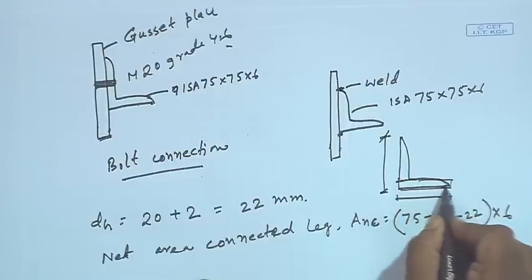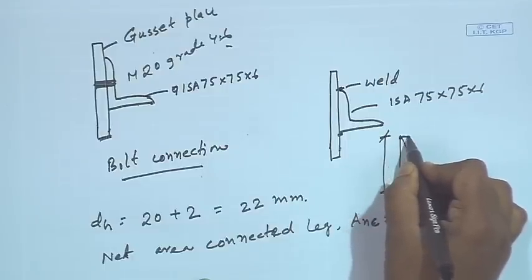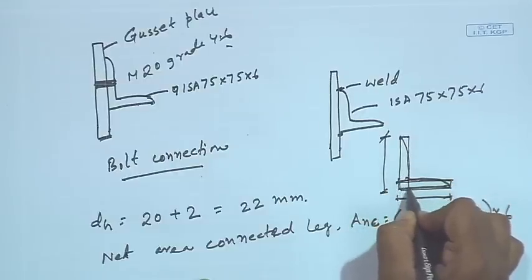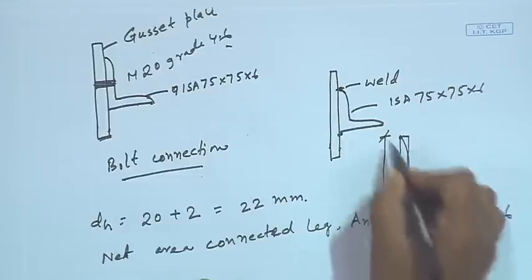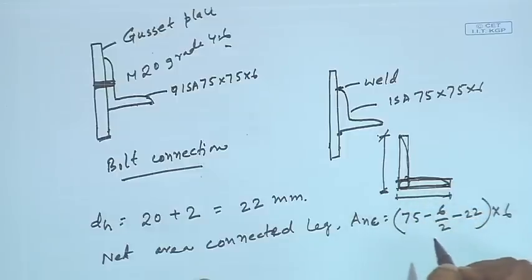So, area will be 75 into 6. Again for this leg the area will be 75 into 6, but as 75 is measured from root to toe, we are adding this corner part twice.